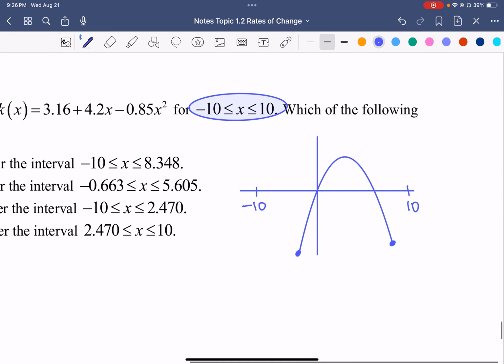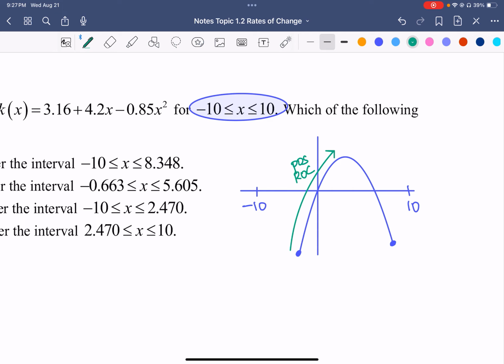Okay, so before we look at the intervals, let's just figure that out on our own. Now as I go from left to right at the beginning, I can see that my rate of change is going up. So over here I have a positive rate of change. After that, at the very top, remember that's called a maximum. Remember that at the maximums, your rate of change is 0.